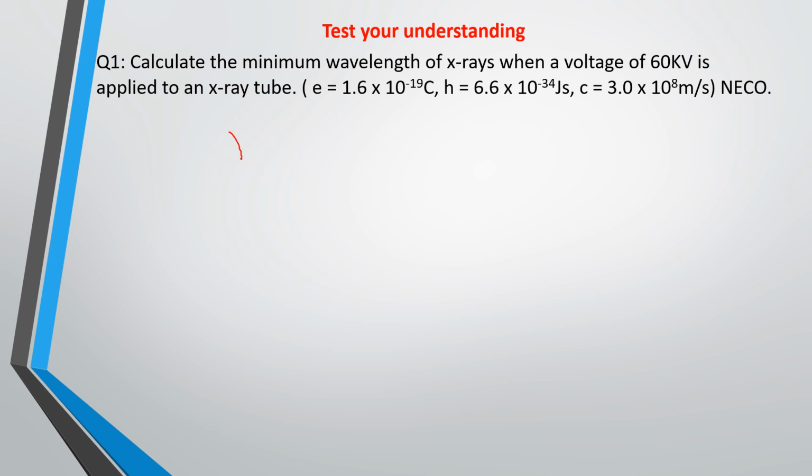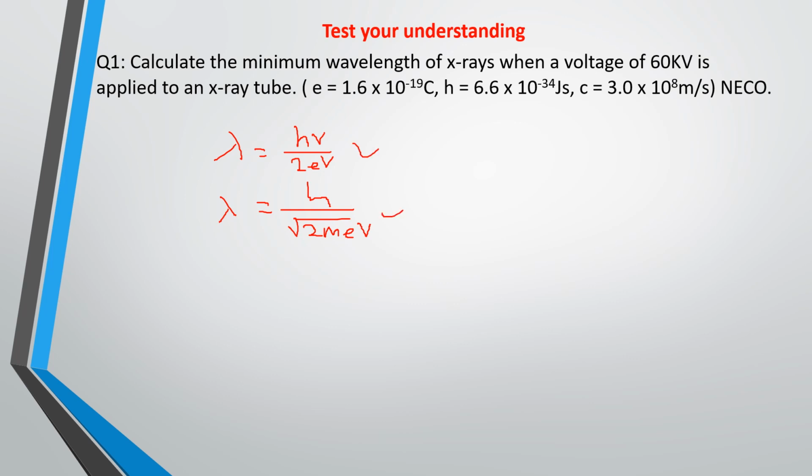The first one is that lambda is equal to the Planck constant times the velocity of light all over 2 times electron volt. The second one that we derived just now is that lambda is equal to h all over the square root of 2 m e V. If you look at these two equations, you will know which one to use.